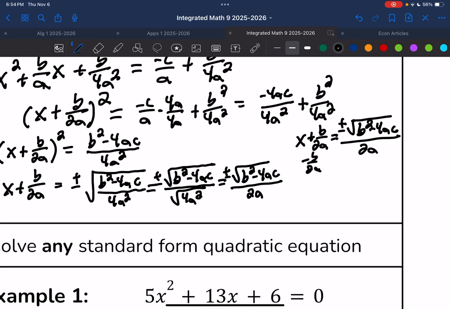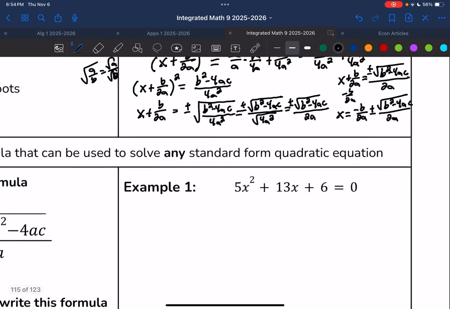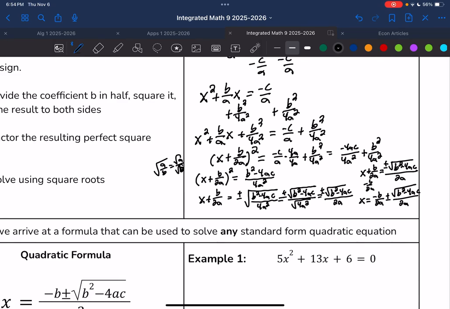I'm going to get x is equal to negative b over 2a plus or minus the square root of b squared minus 4ac all over 2a. And then because I have a common denominator there, I can combine those all into one expression. We'll call that x is equal to negative b plus or minus the square root of b squared minus 4ac all over 2a.